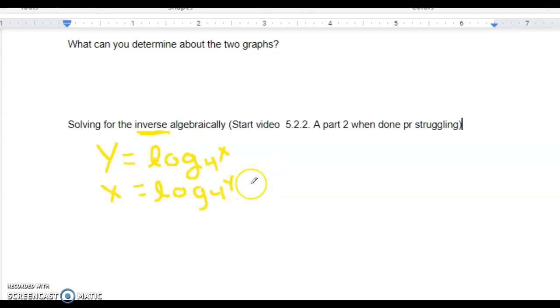In order to do this, we're going to use that exponential to log rule that we have learned, which is: the base to the exponent equals the answer, right? We know that. Some number raised to some exponent will give us an answer.